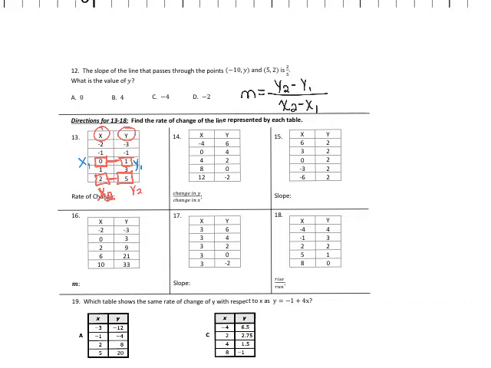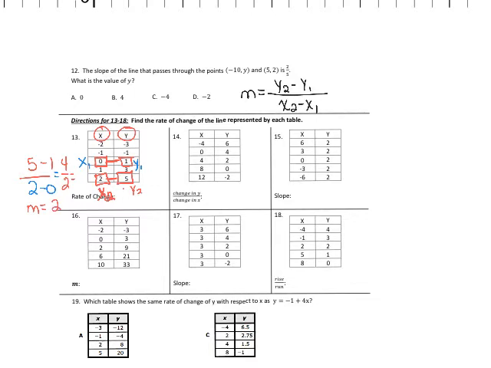And in order to do that, I need to put my 5, which is my y2, minus 1 over 2 minus 0. Therefore, 5 minus 1 is 4, 2 minus 0 is 2, and therefore my slope, my m, my rate of change, is 2. 4 divided by 2 is 2.